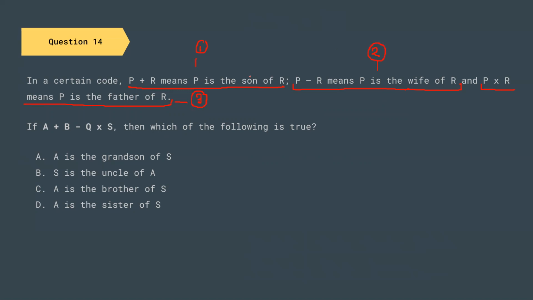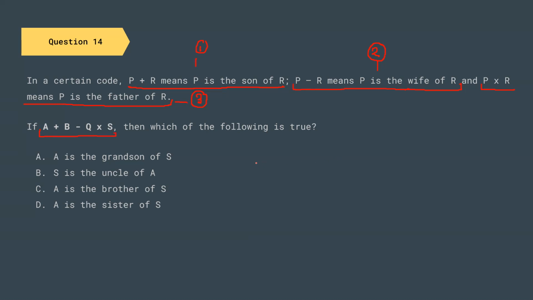Okay, so now let us check here. What we have here is P plus R means P is son of R. P minus R means P is wife of R, and P cross R means P is the father of R. So then which of the following is true? So we have to decipher this particular relationship.